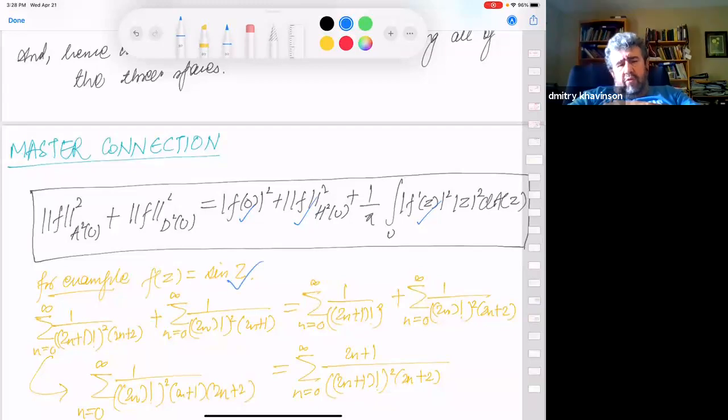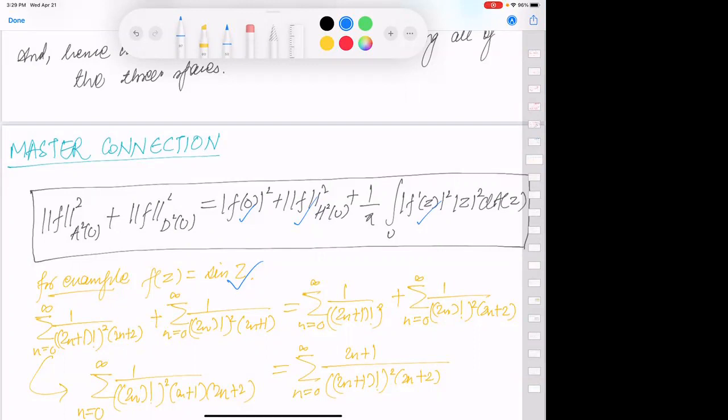I'm sorry, again, I have a question. What does a connection actually do? Because the sets of functions in different spaces are completely different sets. There is a strict inclusion. Dirichlet is the smallest, Bergman is the biggest. This works essentially for polynomials, but other than that, they consist of very different sets of functions.